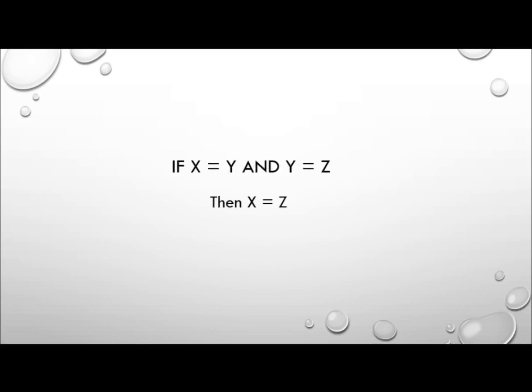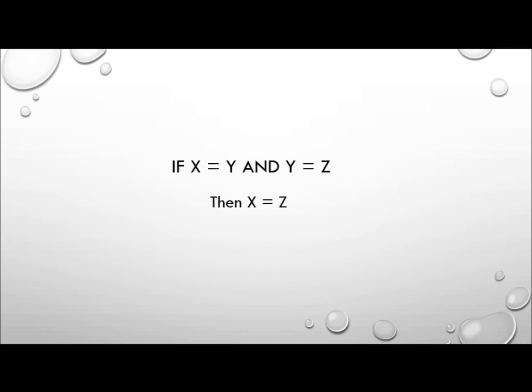Okay, and this brings us to another concept that looks on the surface to be really trivial but is actually extremely profound. If x equals y and y equals z, then x equals z. I'll just give you a second to digest that.